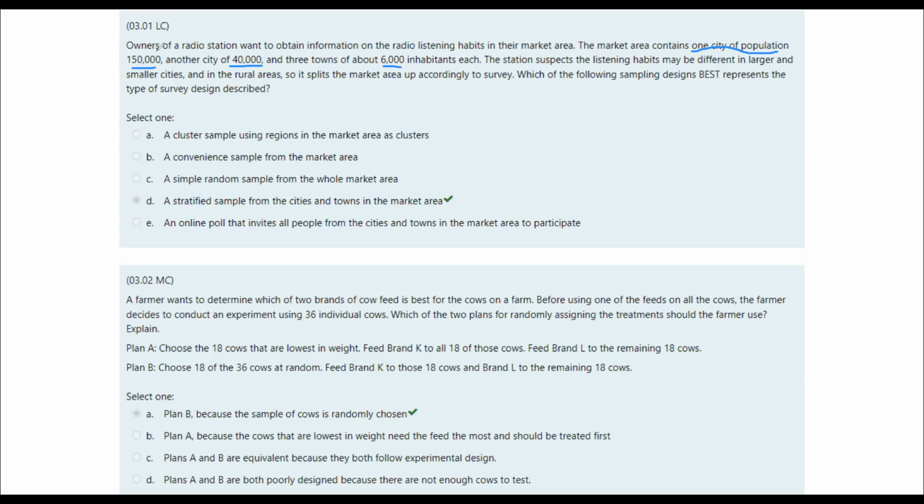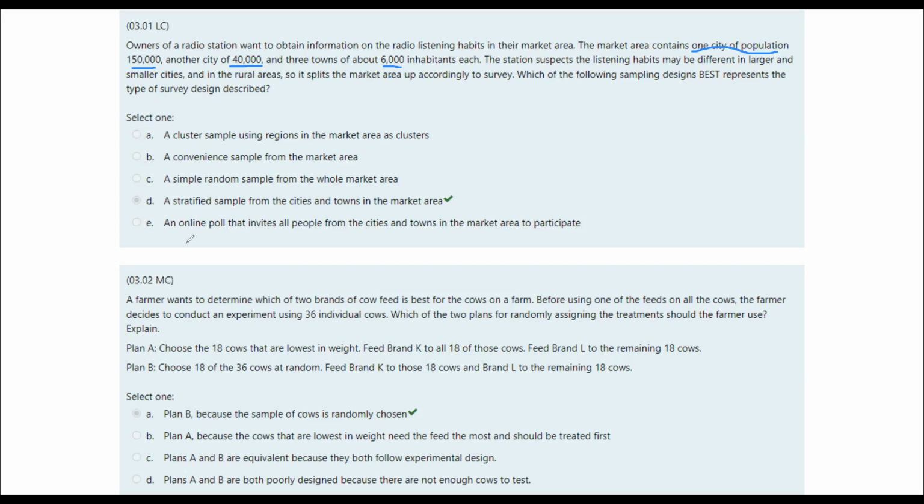In this case, those numbers don't seem to matter because we don't see that in the answer choices. The station suspects listening habits may be different in larger and smaller cities and in the rural areas. So it splits the market area up accordingly to the survey. Which of the following sampling designs best represents the type of survey design?